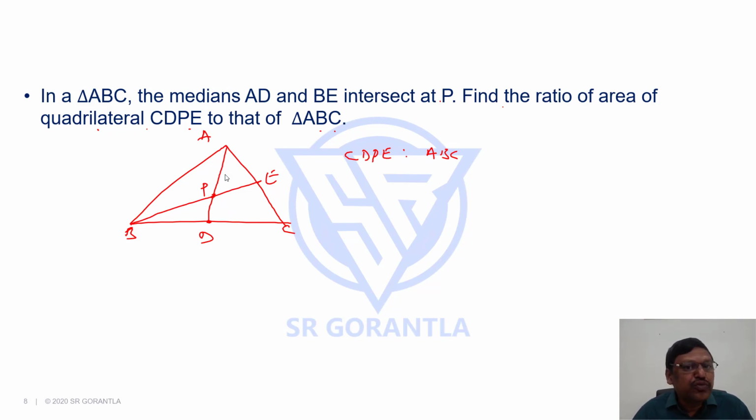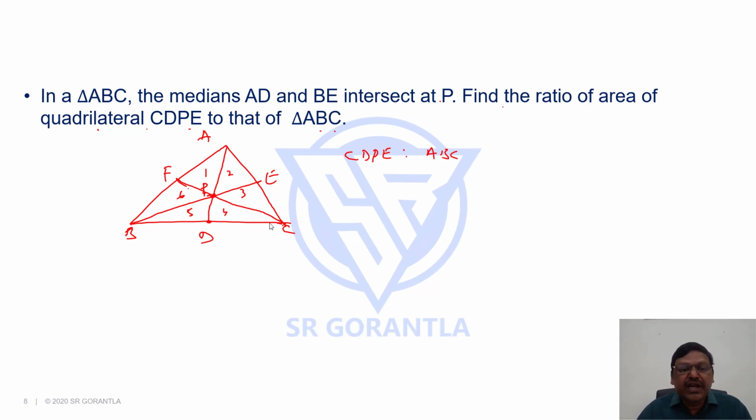Now we have drawn two medians. If I draw the third median, let us say from C to AB, that also will pass through P. All medians will concur at a point, that's called the centroid, as I said. We will discuss the centroid later. So the third median, let us say CF, also goes through this P. When we draw all three medians, the given triangle is divided into 6 triangles and we discussed that all 6 are equal in area.